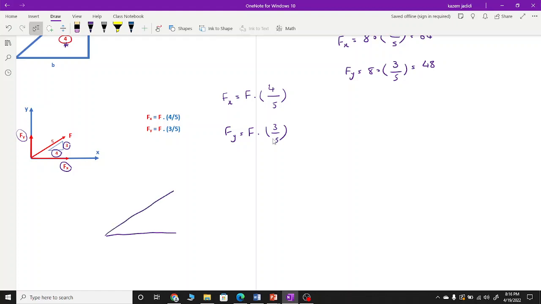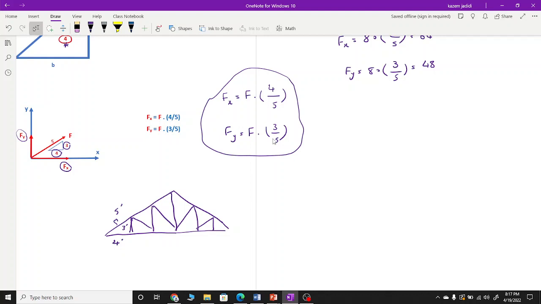Sometimes for trusses, let's say this is a truss, instead of giving this small triangle, they show it as distances, like you have 4 feet in here and 3 feet in here. That means this is your 5 feet, and the same process is going to work. The same equations are correct for this one.